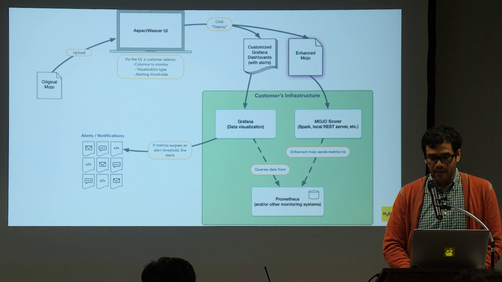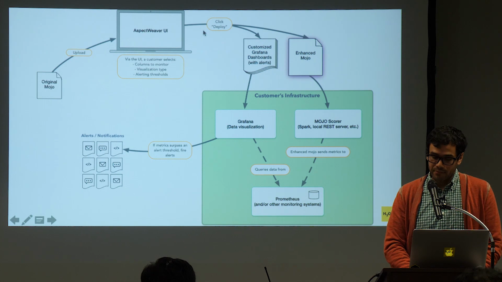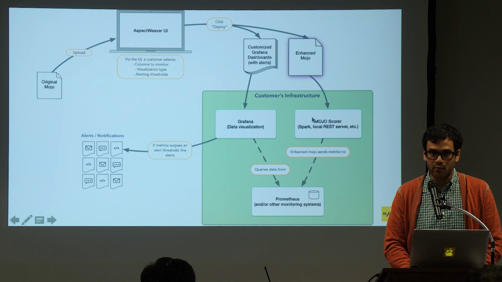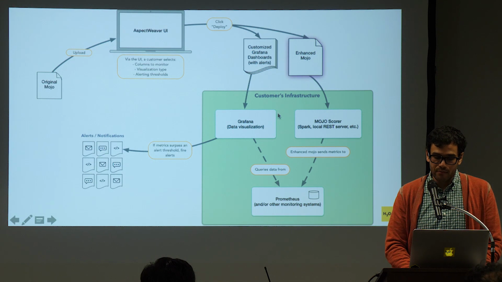The interface that we were going to look at makes a couple of assumptions, and the assumption is that somewhere in your production environment you have a score. In our case, we're talking about Spark as our scoring environment, and it also assumes that you have some sort of metric store.